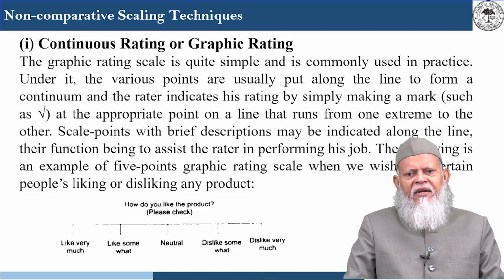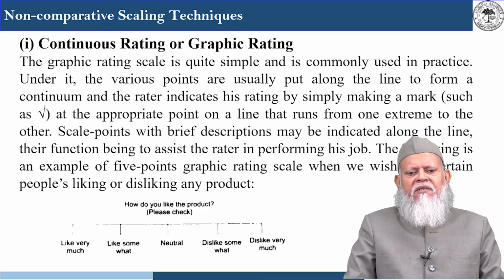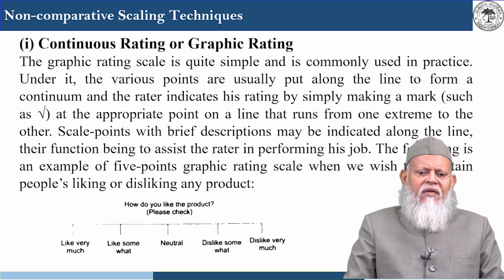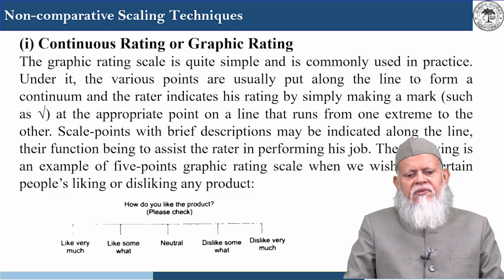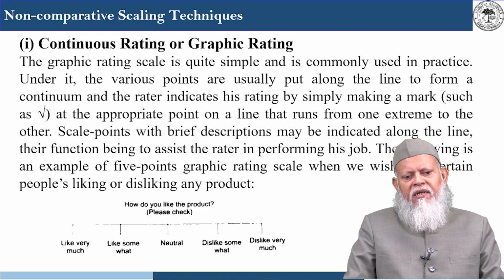So from one end to another, we find that there is continuous rating, and this is why it is called the continuous rating or the graphic rating. This scale is presented to the respondent, and what he has to do is just put his mark on the point which suits his opinion.